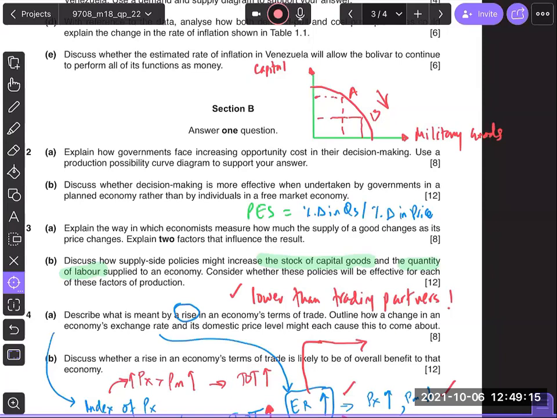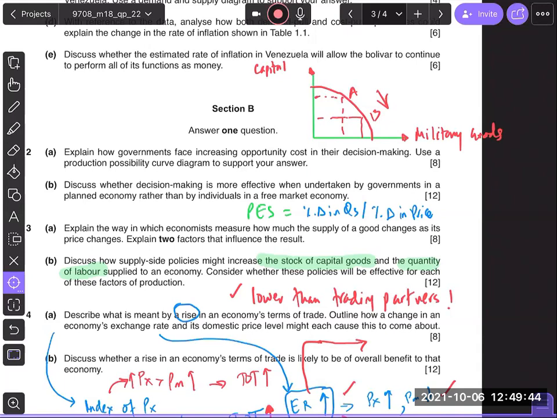But then we talk about whether decision making is more effective or not. And what is your view? Clearly, decision making is less effective in a planned economy because of the mere size of the economy. The larger the economy, the more complex the plan, and the more complex the decision making, the more mistakes we are likely to make.